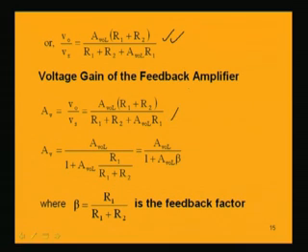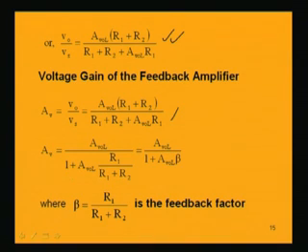Now, doing a little further simplification, we can write down this gain AV as AVOL divided by 1 plus AVOL into R1 by R1 plus R2, because here what we are doing is dividing both the numerator and denominator by the term R1 plus R2.